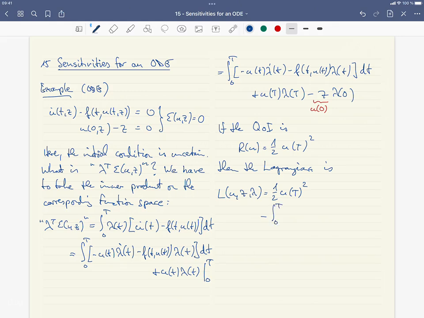So that's the integral from 0 to t of minus u of t lambda dot of t, minus f of t, u of t, lambda of t, dt, and the boundary terms, minus u of t lambda of t, plus z lambda of 0. And now in the Lagrange calculus, I need to compute the derivatives.